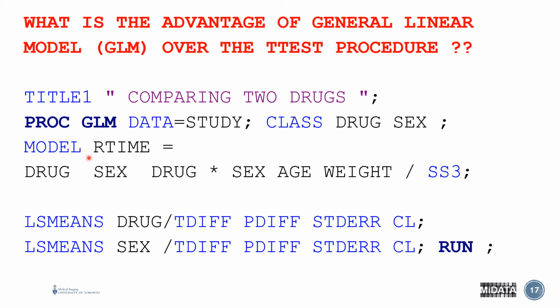So when using PROC GLM, you are able to include all of those variables in the model at the same time and perform your analysis to test whether or not the reaction time differs between the 2 levels of drug, so drug A versus drug B, as opposed to doing a t-test where you can only test 2 levels of a class variable at once and you cannot adjust for any other variables in the model at the same time.